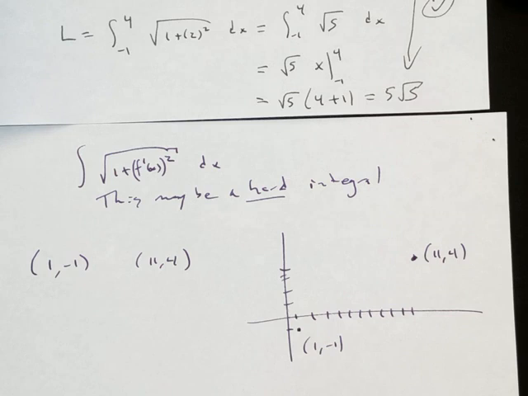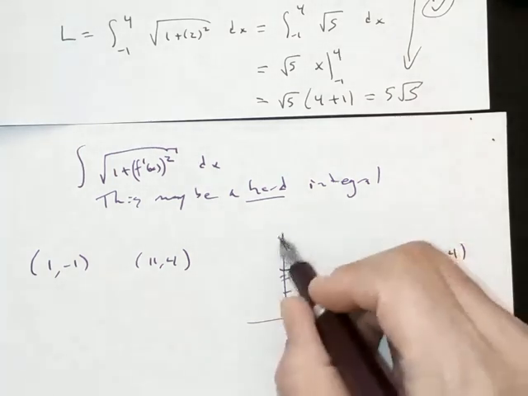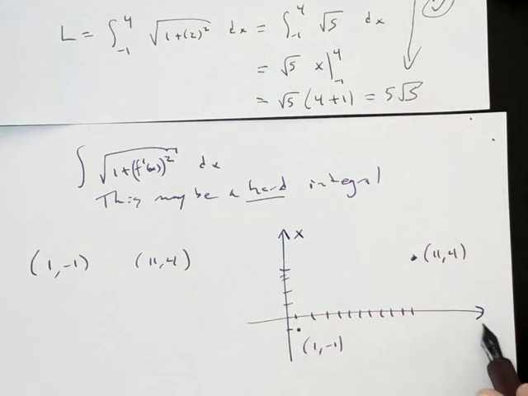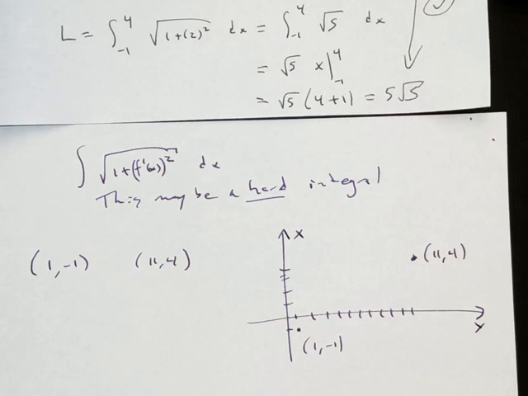I'm going to go a step further, and I'm going to change the labels on the axes. If I did the same problem, now my horizontal variable is y, not x. It would be the exact same problem, but you're doing it with respect to the letter y.